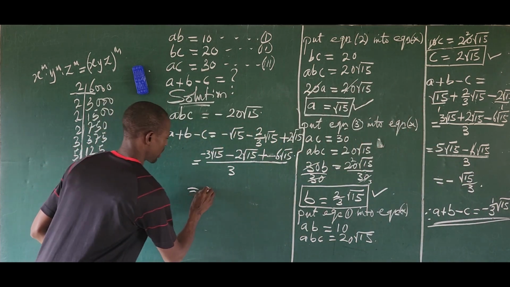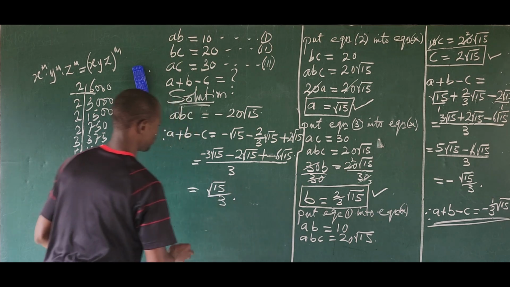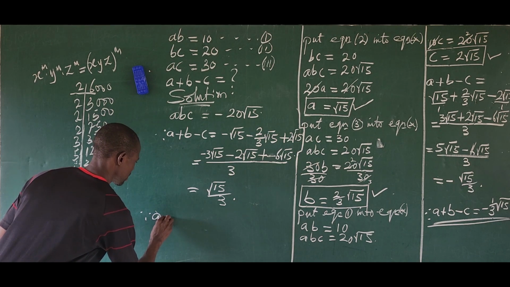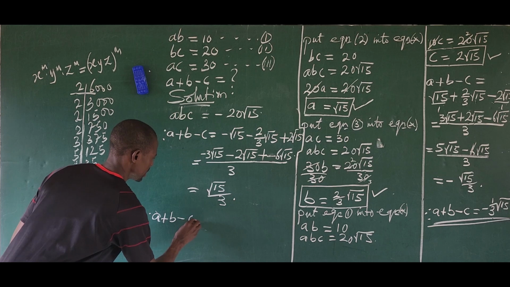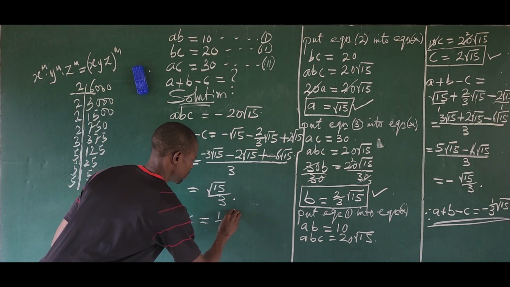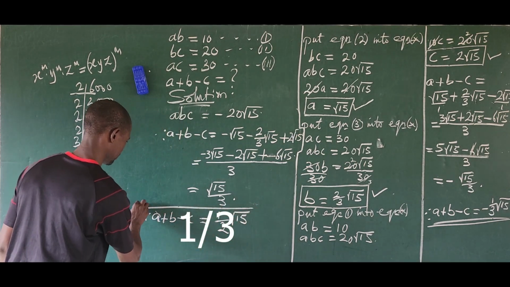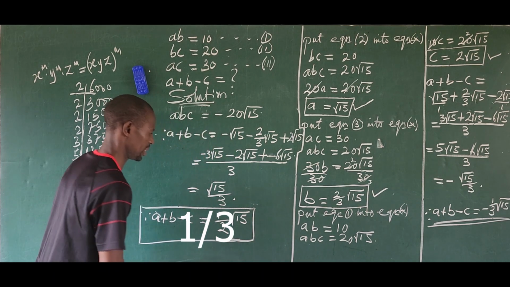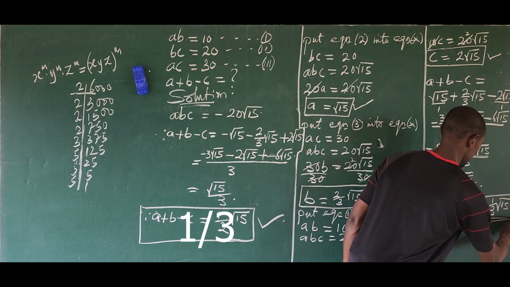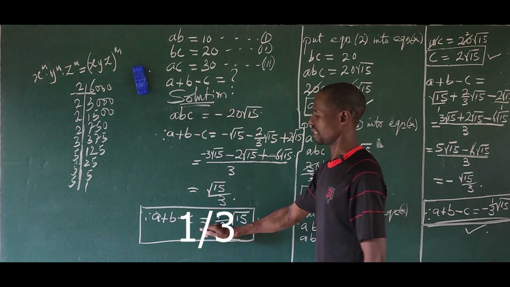So this is going to give us positive root 15 all over 3. So therefore, A plus B minus C for the negative part is going to give us 1 all over the square root of 15, or 1 all over 3 times the square root of 15. This is why I said this is going to give you a slight difference from what you'll be seeing on the internet. So this is the first one for the positive, and this is for the negative.